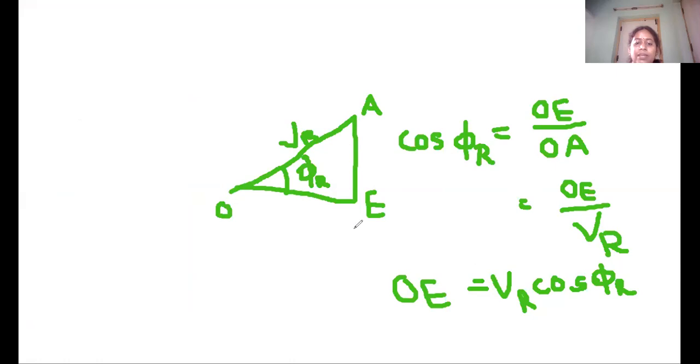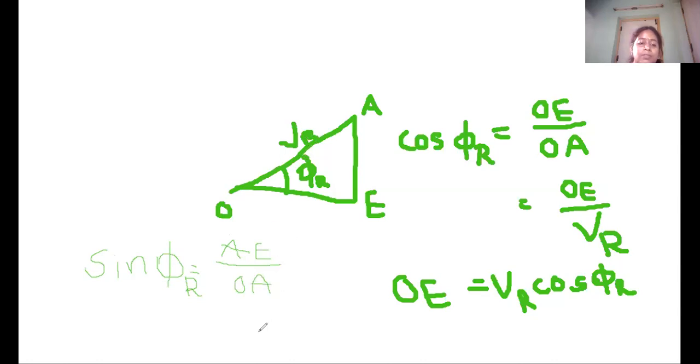For finding AE, we can write the value of sine. Sine phi r equals, by the sine formula, opposite side by hypotenuse. That is nothing but AE by OA. OA is nothing but Vr.